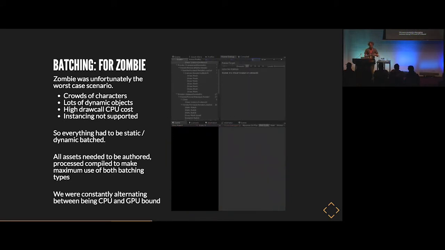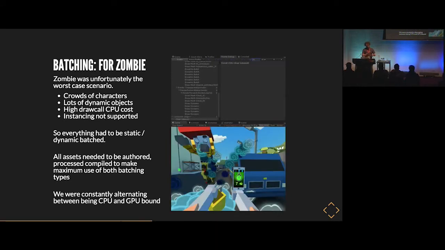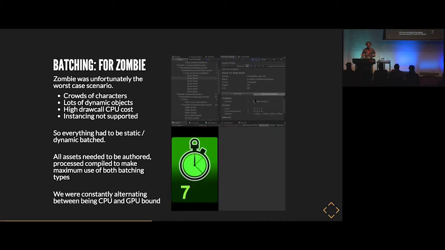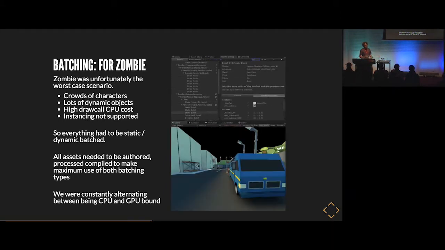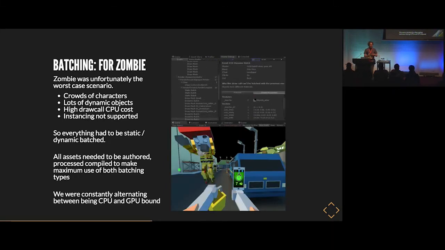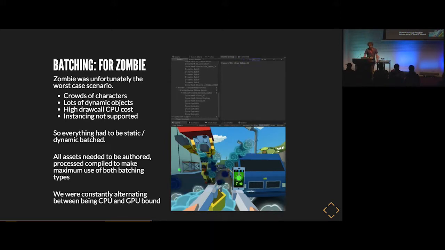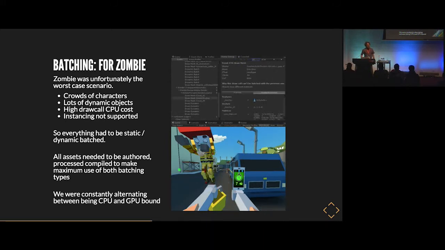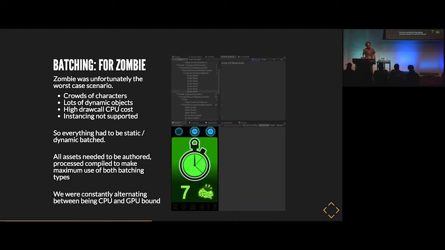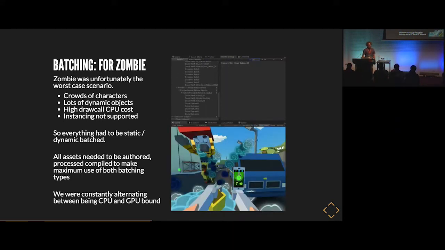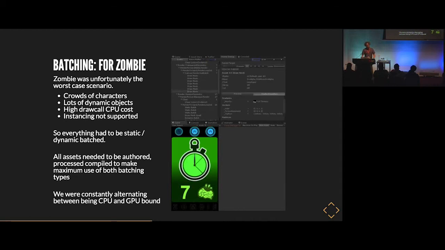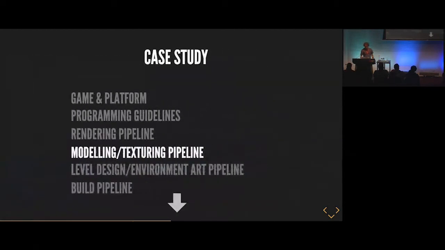That meant that all of our assets needed to be authored and processed and combined to make maximum use of these two batching types. That meant that we had to use atlasing for everything. Everything needed to use the minimum number of textures, and we were constantly alternating between the GPU locking us out and being CPU bound on too many draw calls. So there was a constant balancing act for that at all times.